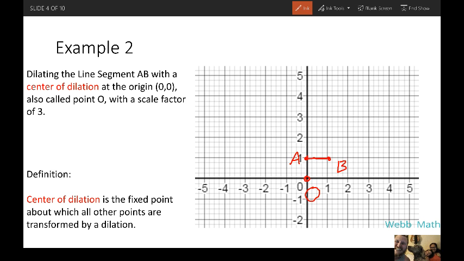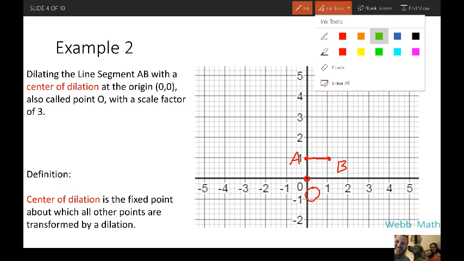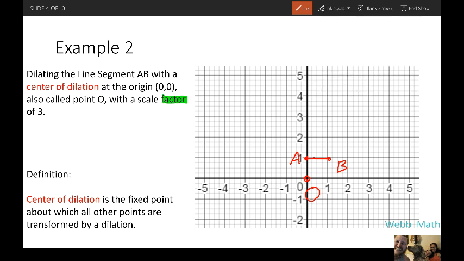So we have to dilate by a scale factor of 3. Notice your point O is right here. Its distance from O to A is 1. But now they're saying we're going to dilate AB by a scale factor of 3.